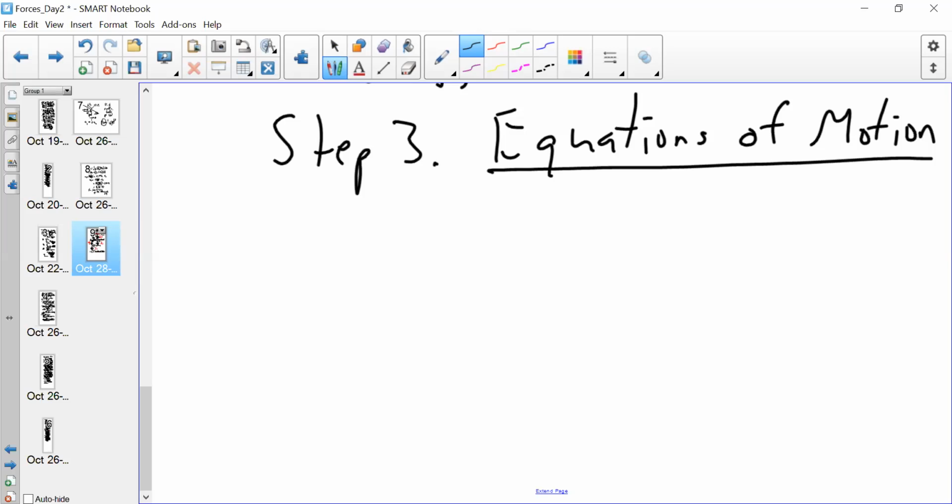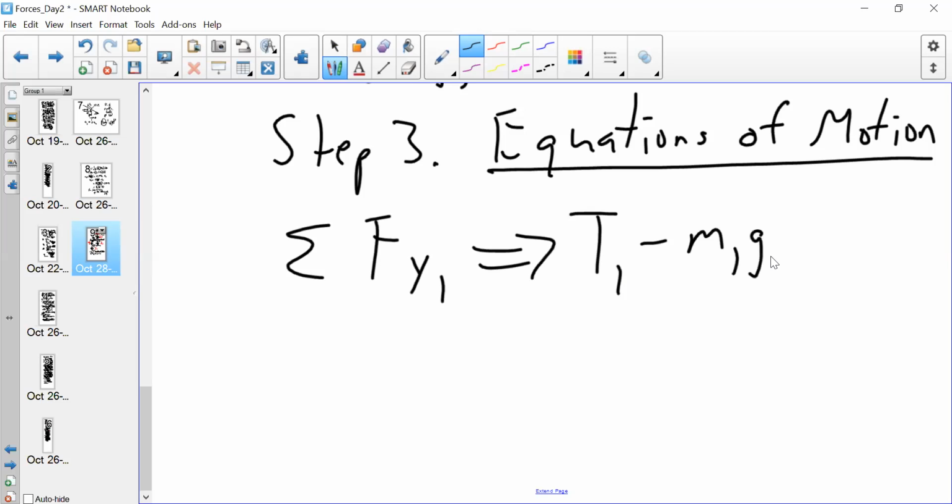Nothing's moving horizontally, just a vertical pulley system. And so for the first mass, which is the 5 kilogram mass, all of the forces in the y-axis for the first mass are going to look like this: T1 minus M1G equals M1A.